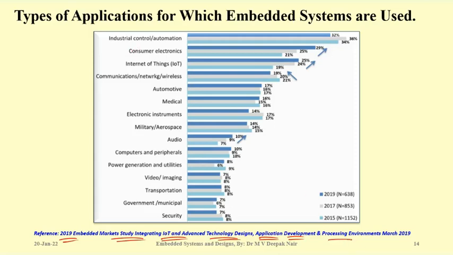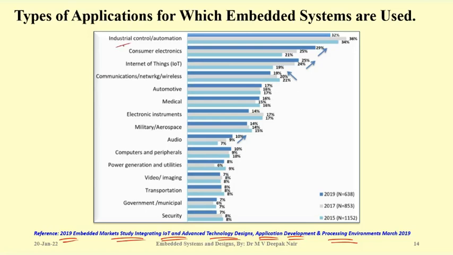You can download it from the internet also. They surveyed so many things in the market, but I found some of them very important to discuss here. So how much is embedded systems used in different markets?